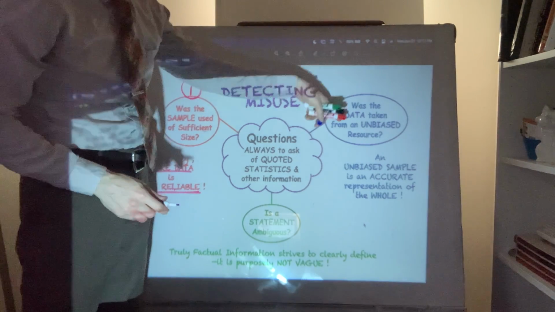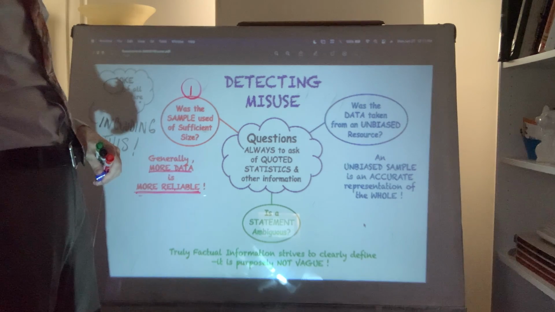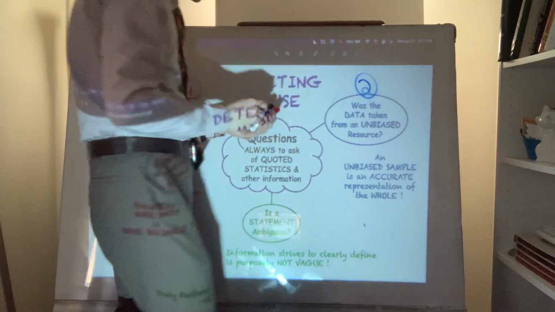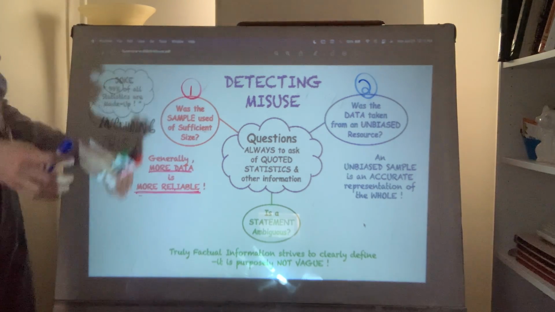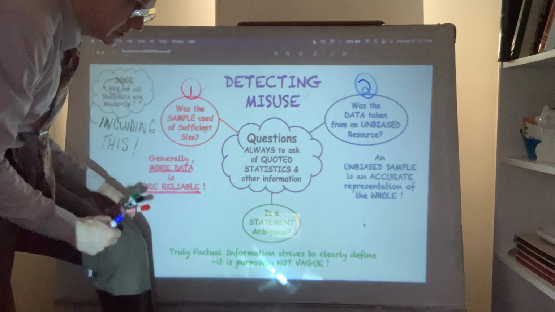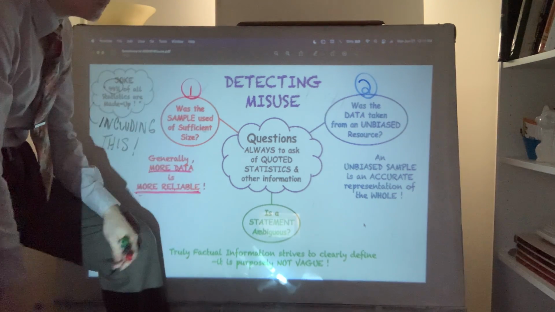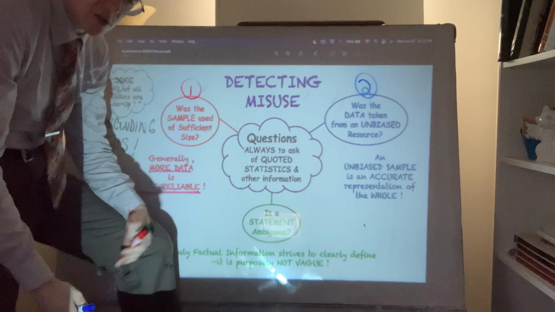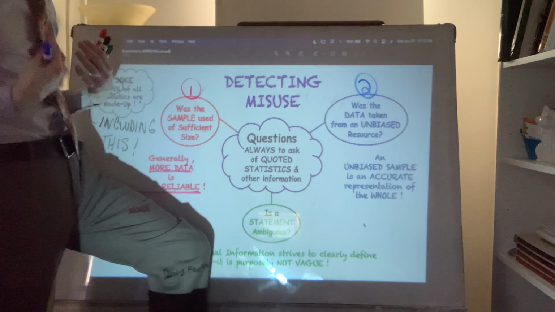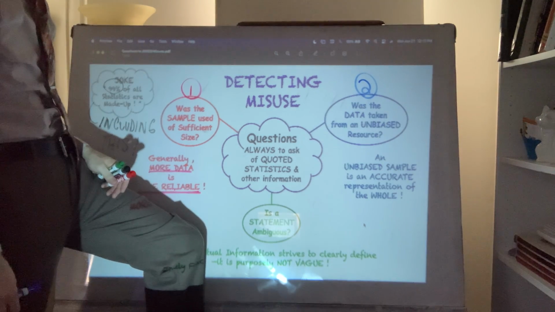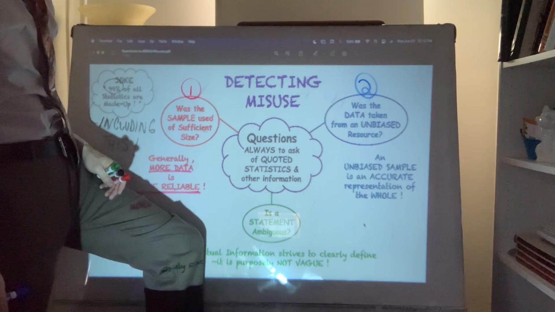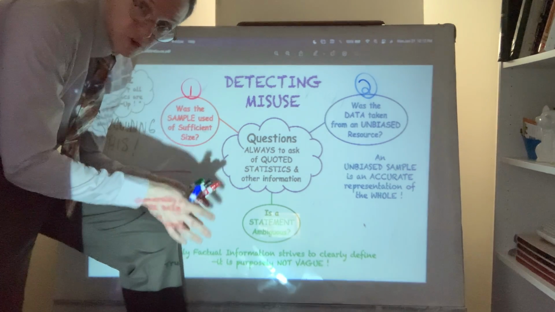Second thing to consider: was the data taken from an unbiased resource? Again, I'm sorry to say, there are nefarious people with an agenda out there in the world, especially on the internet, who just want to substantiate their argument, but they do so illegitimately. You also have to be careful, because sometimes it's not even conscious, but they have a bias and it works its way into their results.